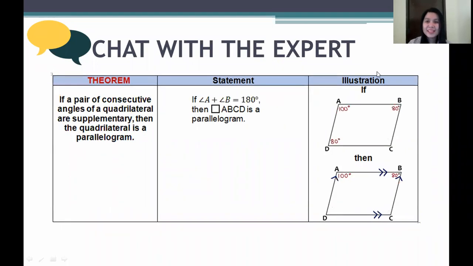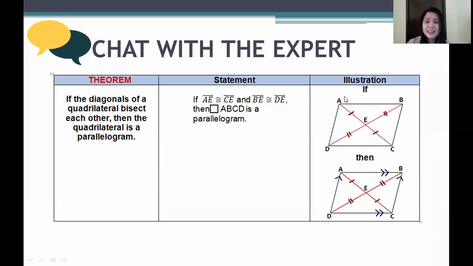Next one, if the consecutive angles, like A and B, add up to 180 degrees, meaning they are supplementary, then that quadrilateral is a parallelogram. Next, if the diagonals bisect each other, then that quadrilateral is a parallelogram.